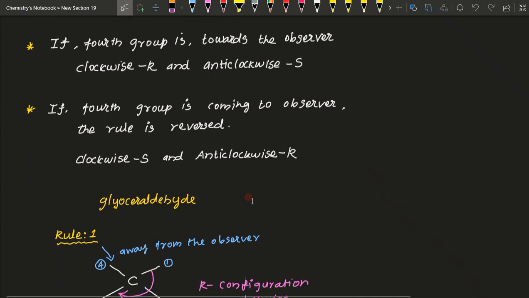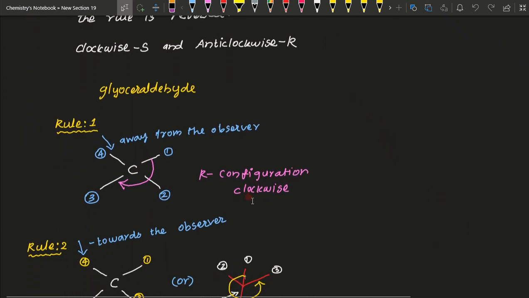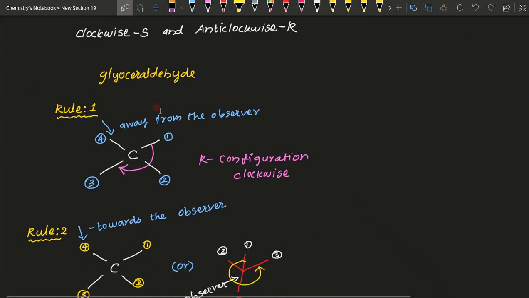So glyceraldehyde, rule 1, see the glycerol side. This is the observer view at fourth substituent. So 1 to going to 3, we are 2, this is our configuration clockwise.